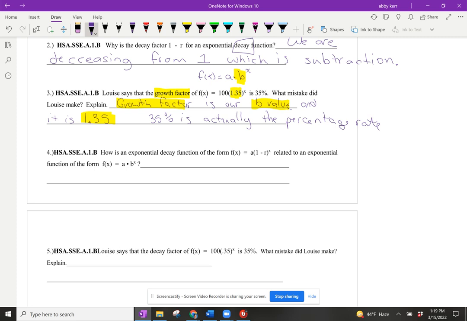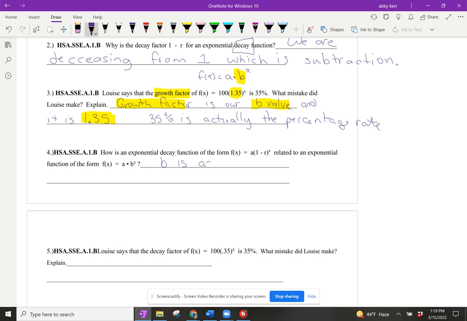So how is the exponential decay function of the form a parenthesis 1 minus r raised to the x related to our first form f of x equals a times b to the x?